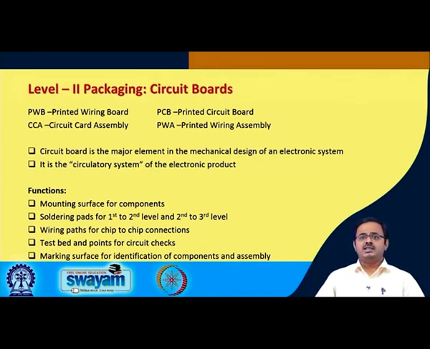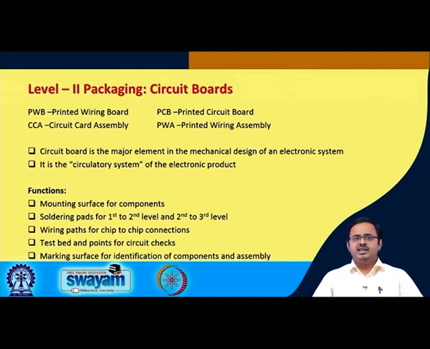LGA, we talked about the LGA 771, which was one of the first major LGA applications in the computing industry, 771 interconnections. Now, which one is functioning, which one is defective if at all, how will you determine that? So, it is the circuit board that actually gives you the means of doing these tests and checks.